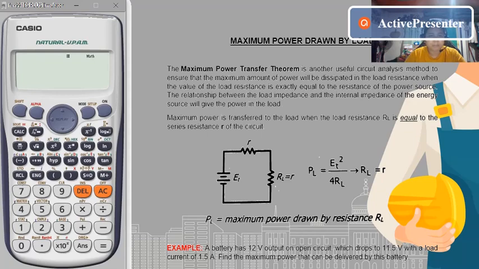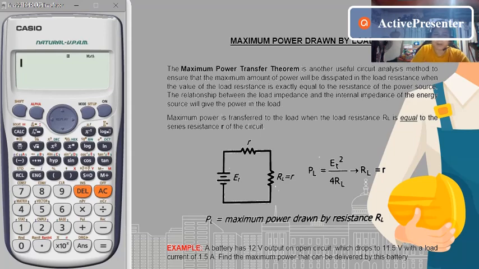The relationship between the load impedance and the internal impedance of the energy source will give the power in the load. So maximum power is transferred to the load when the load resistance RL is equal to the series resistance R of the circuit.